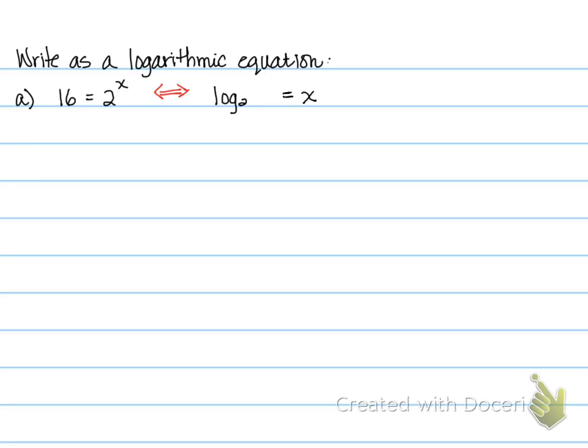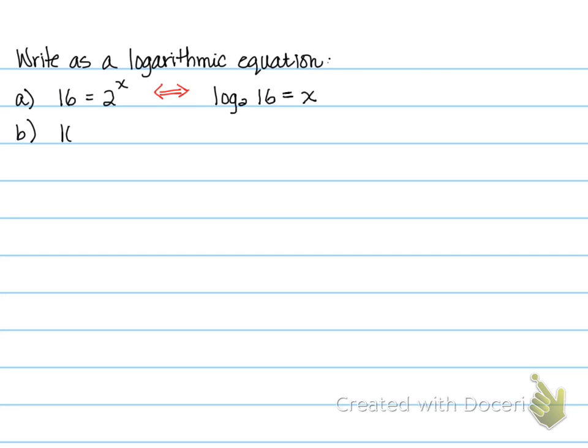So equals x, and then there's only one place for the 16 to go. So log base 2 of 16 is equal to the exponent we raised 2 to in order to get 16. If you just remember that the logarithm is equal to the exponent, that makes these so much easier. You're not evaluating anything here. We're just rewriting.